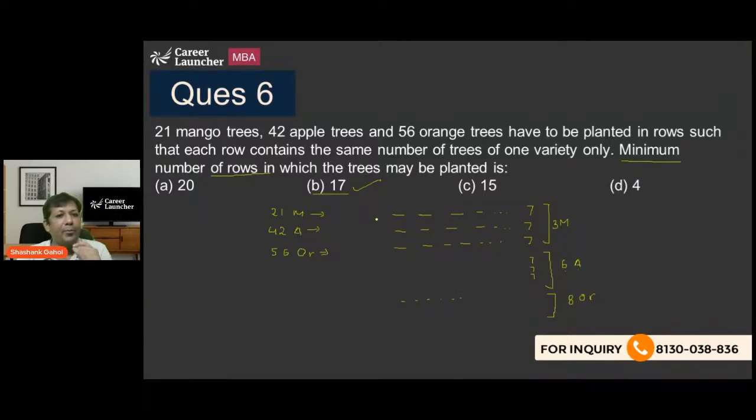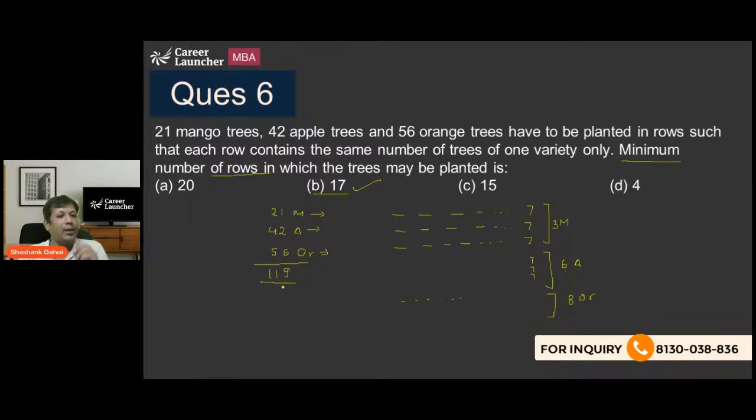But if I get this question in the exam, I am not going to do all this. I am going to take a very simple approach. What I'm going to do? I am going to take all numbers, right? So sum comes out to be 119.